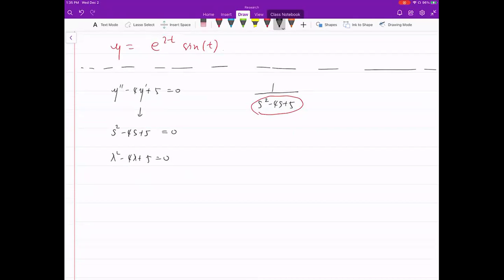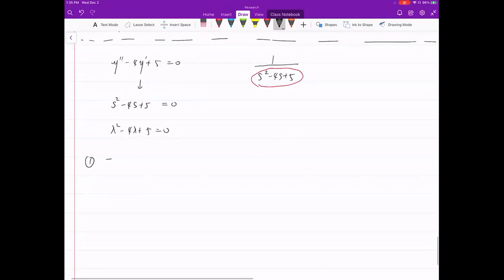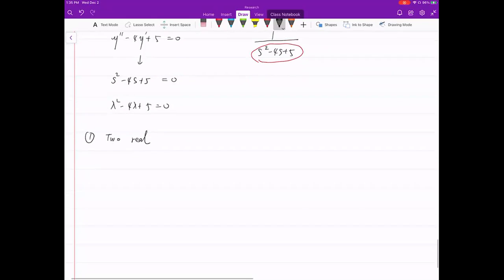Now, what's going on here? Well, things become interesting. You have three possible cases, remember? You have a quadratic. If you do the quadratic, how many different cases do you have? Number one, you have two real, right? That corresponds to two exponentials. You have two complex.